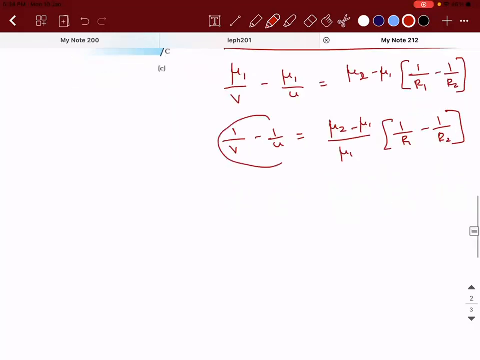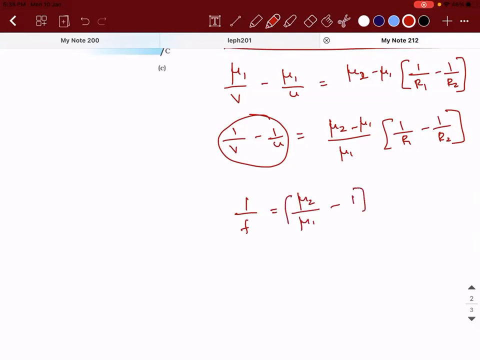So 1 by V minus 1 by U is 1 by F. According to lens formula, this will be equal to mu2 divided by mu1 minus 1 into 1 by R1 minus 1 by R2.